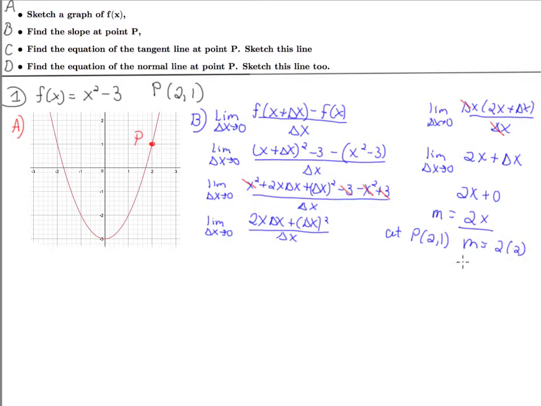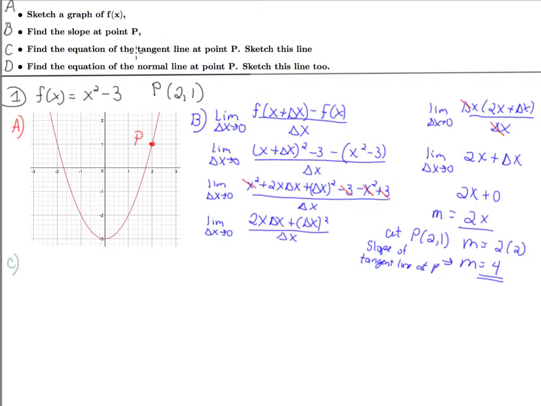So if we're going to look at the point 2, 1, the slope of that tangent line would be 2 times 2, or 4. That's the reason this is such a handy formula to use instead of the c version, is I don't have to redo the limit every time. I can just use the formula 2x to find the slope at any given point on that entire curve of f of x.